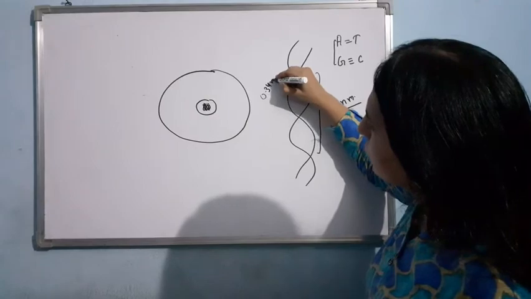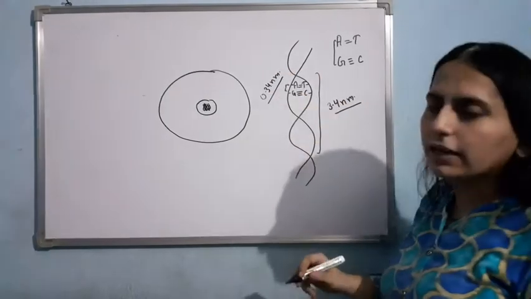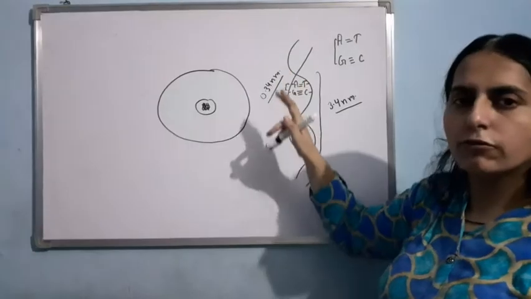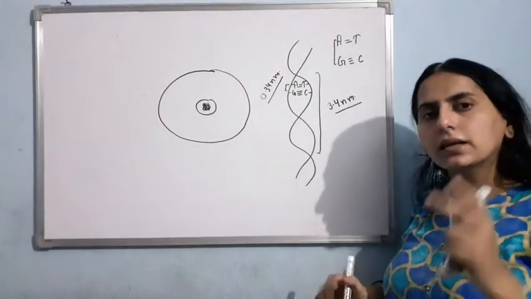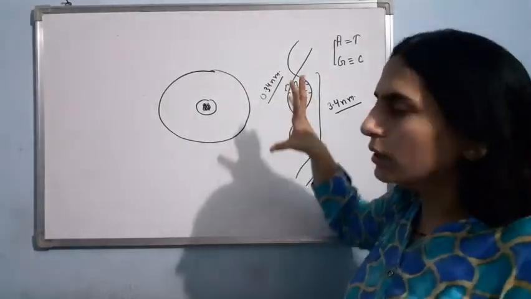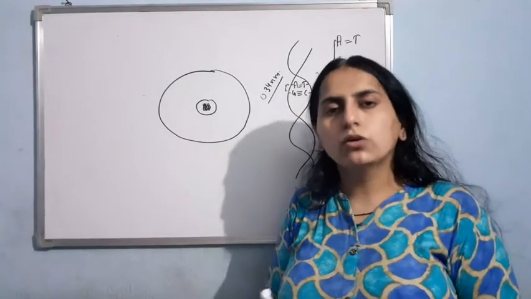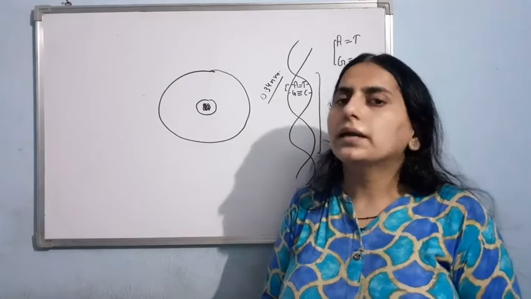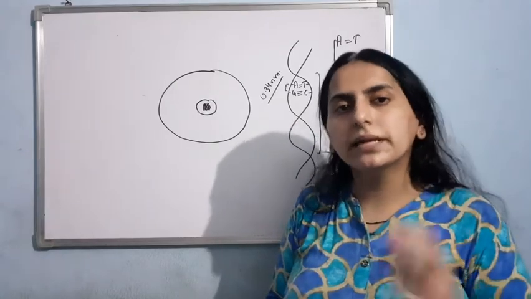If I convert it into meters, it will come out to be 0.34 into 10 to the power minus 9 meter. So I know the distance between two consecutive base pairs is 0.34 multiplied by 10 to the power minus 9 meter.